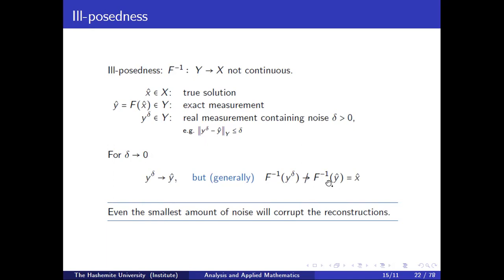So in ill-posed problems, if f inverse exists, there is no guarantee that it is continuous, which is the case in almost all problems. So there is no guarantee that f inverse of y delta will converge to the exact solution. So this is the problem.